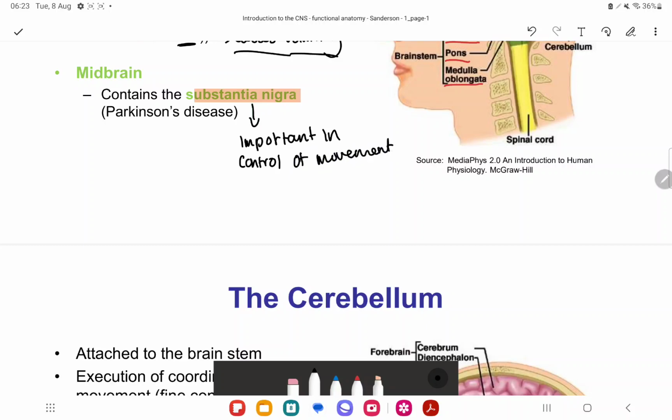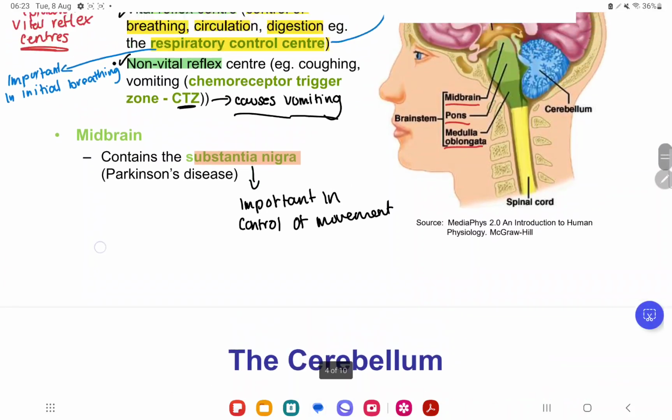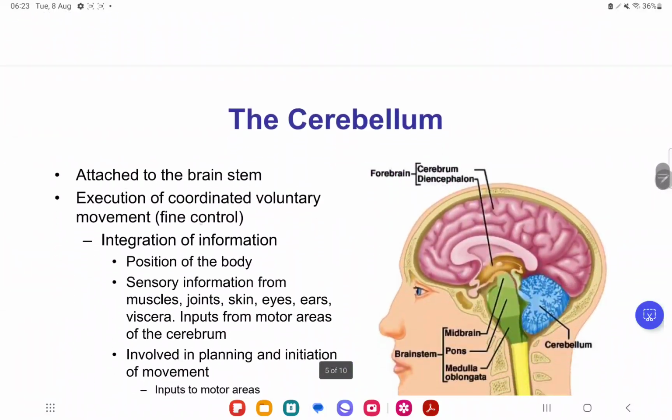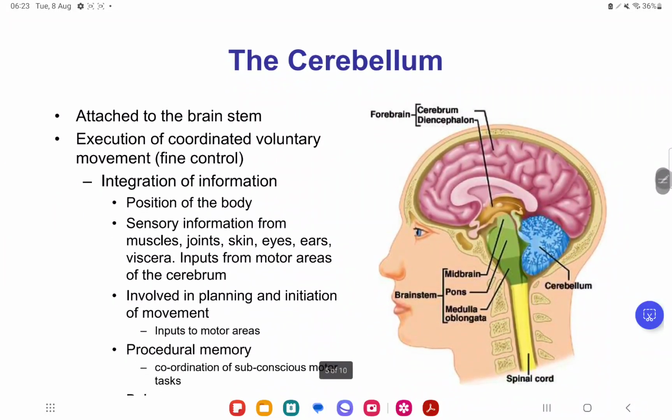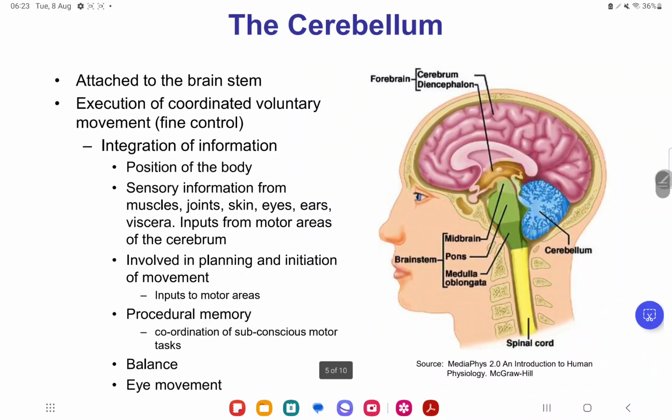She doesn't go into any more detail. With the substantia nigra, she goes into more detail when it comes to Parkinson's. So that's it. That's the brainstem. You're probably thinking, oh my gosh, thank God. That's the brainstem.